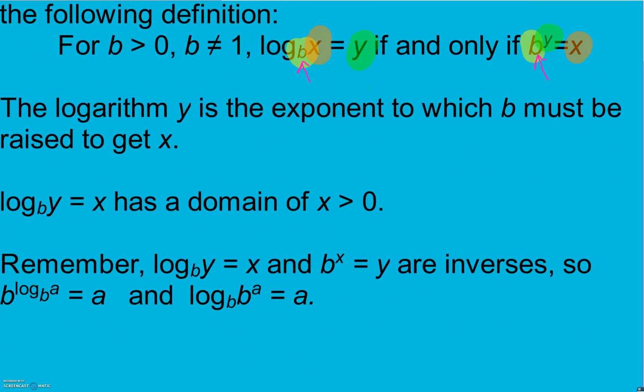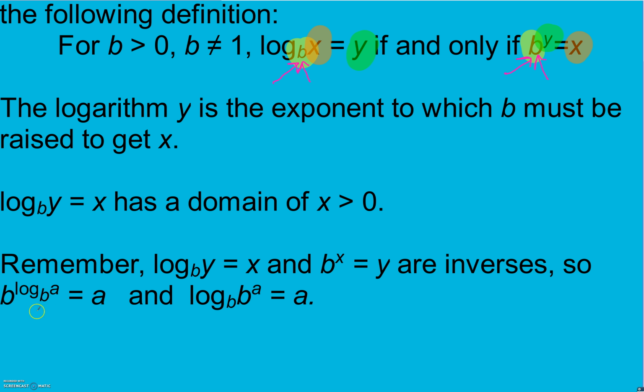And again, remember that log base b of y equals x and b to the x power equals y are inverses. So we have b raised to the log base b of a equals a, and log base b of b raised to the a power equals a. Because remember, we said that the two b's up here have to be the same.